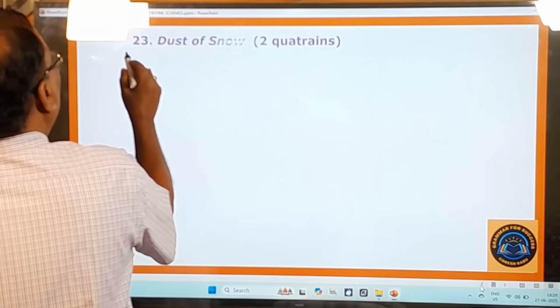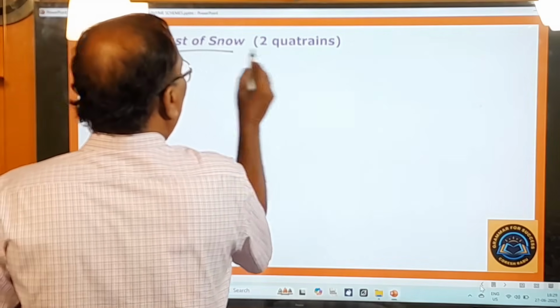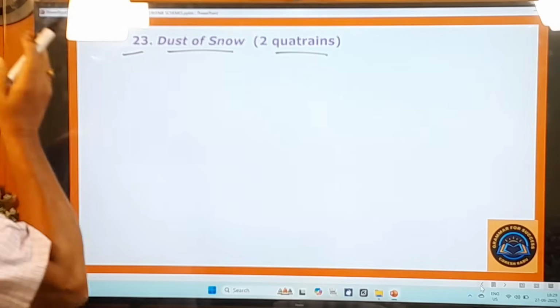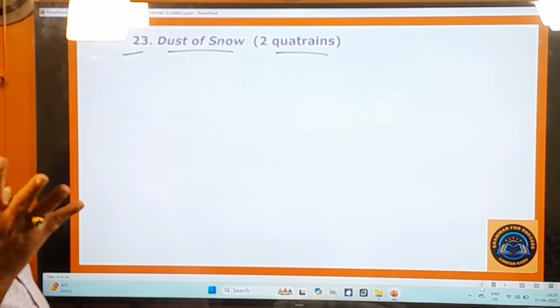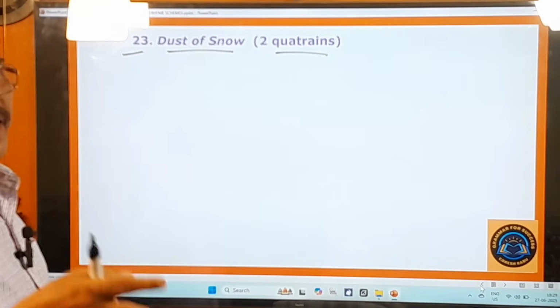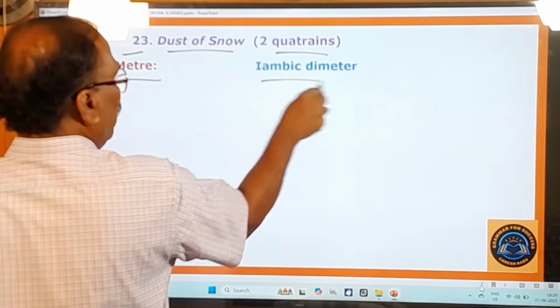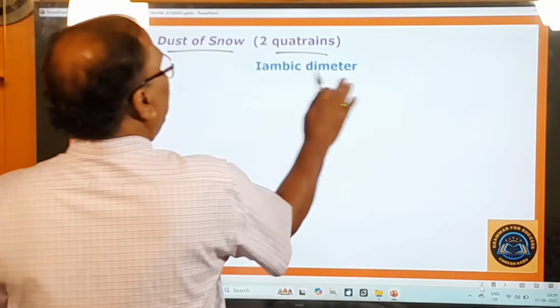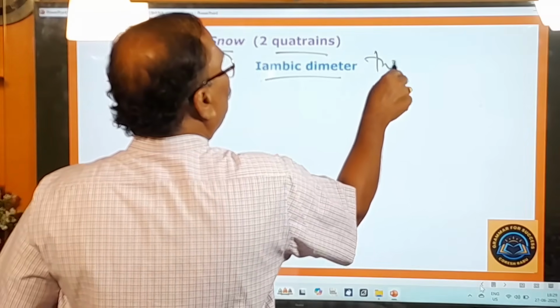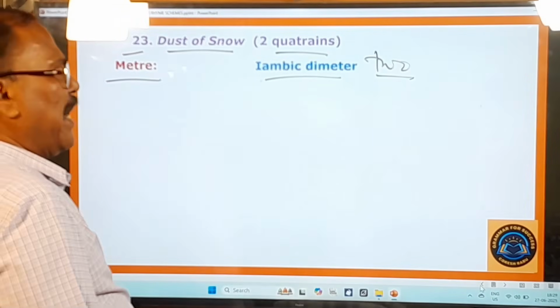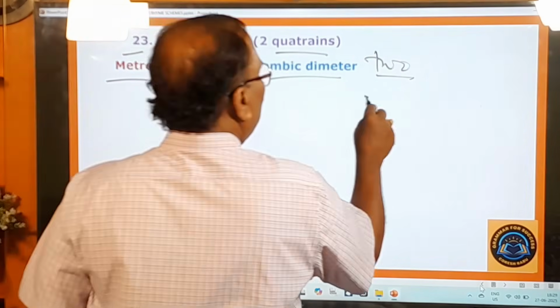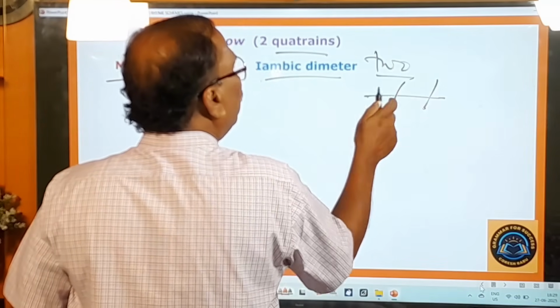Next poem: Dust of Snow. In this poem, there are only two quatrains. Quatrain means 4 lines. Two quatrains means 2 into 4, 8 lines will be there in this poem. The meter followed in this is iambic dimeter. Iambic dimeter means, you know very well, di means 2. That means in that line, 2 iambic feet will be there.